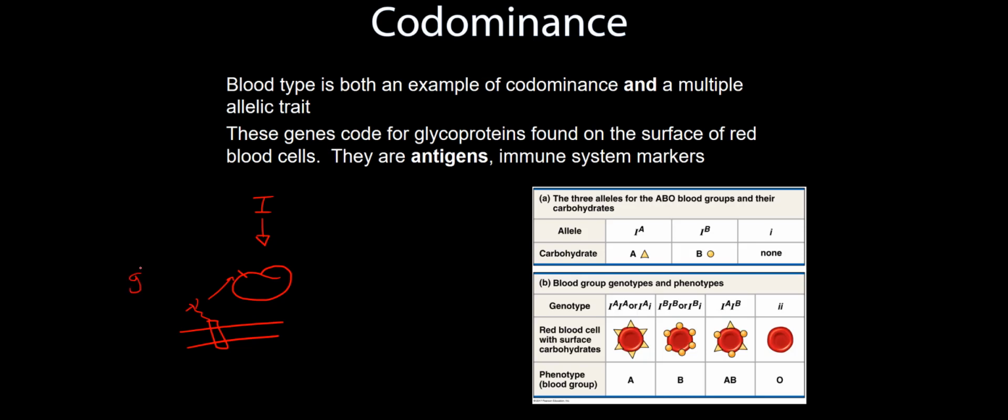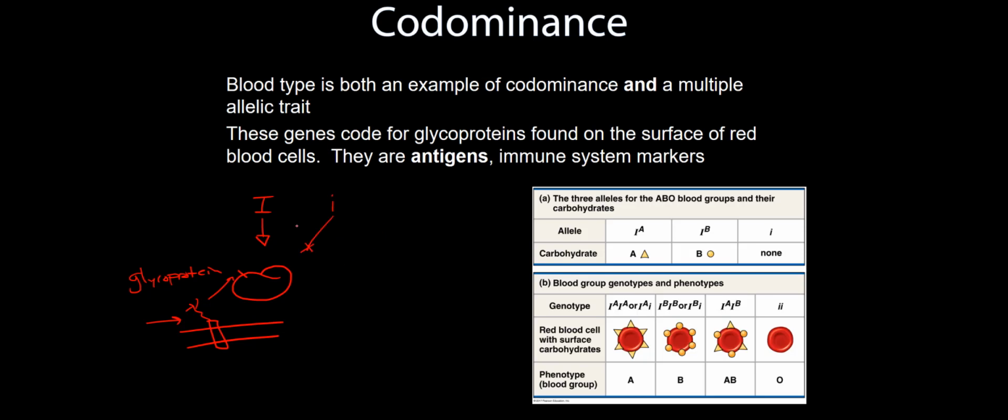That was your glycoprotein. Remember, integral membrane proteins. And in this case, these are cell recognition proteins. These allow the immune system to recognize the surface of the cell. This is important for being able to detect viral infections or bacterial infections or any foreign invader. The lowercase i allele is an allele that does not express anything.